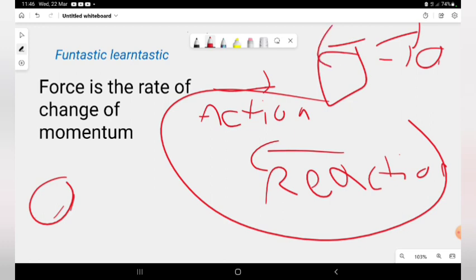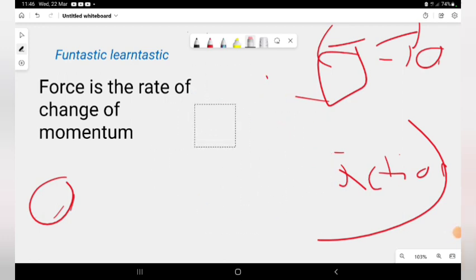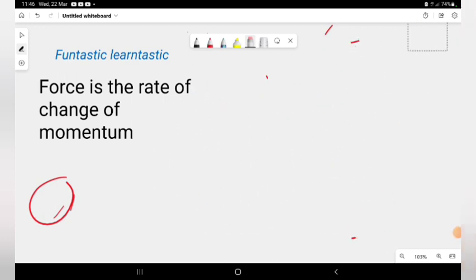That is not what I'm trying to say. It is on two different bodies. Some people usually say the third law is: for every action there is a reaction. They don't say the important part, on two different bodies. So this is very important, that action and reaction are on two different bodies.